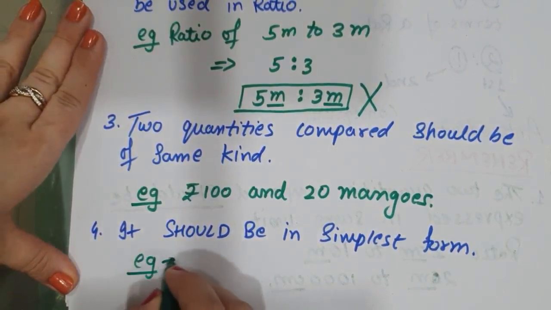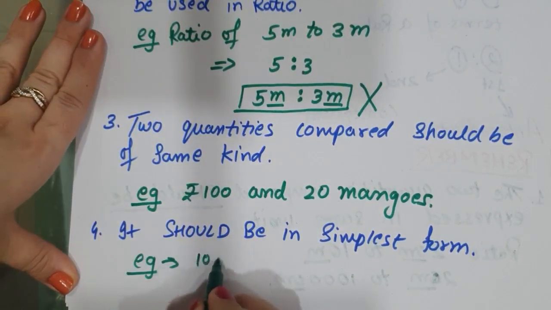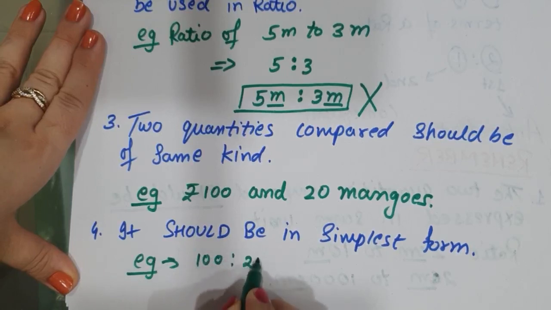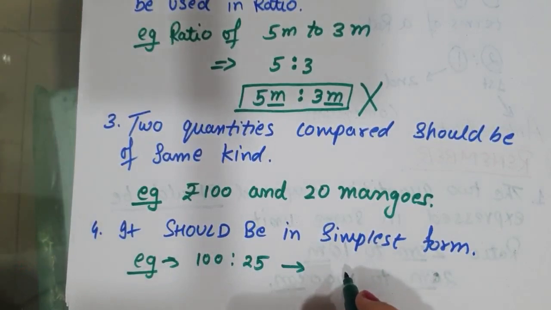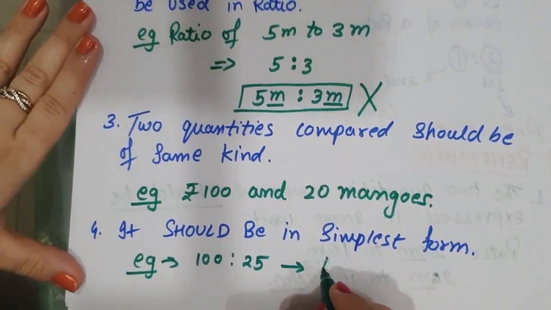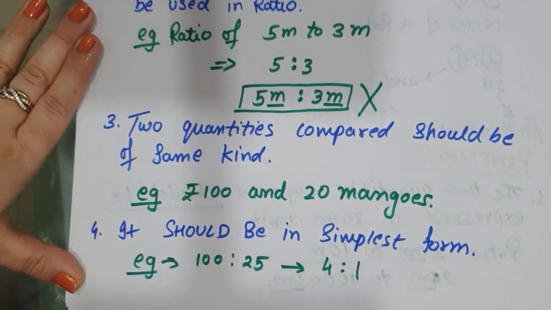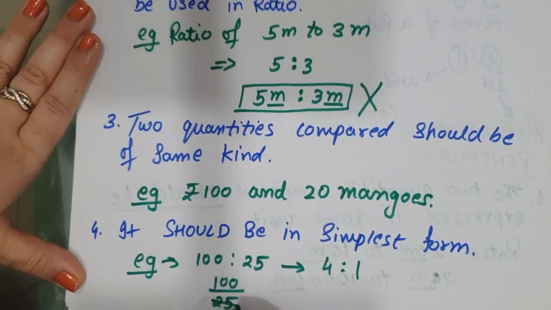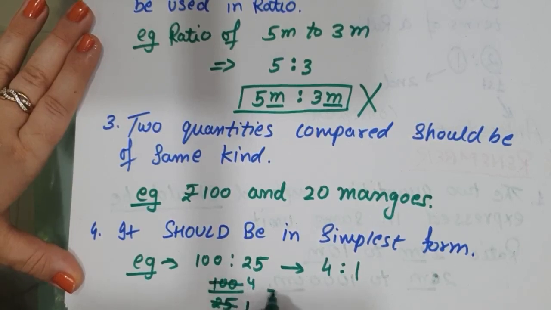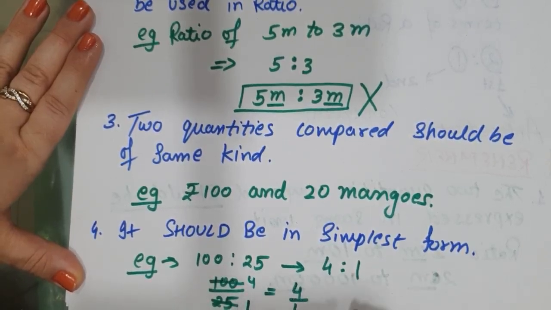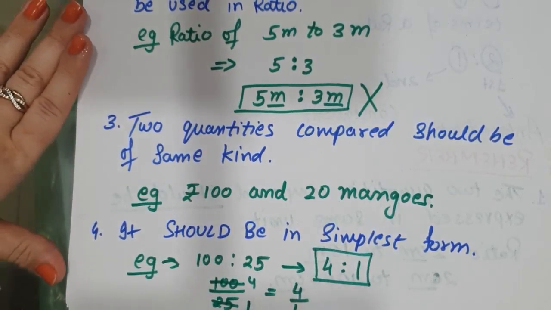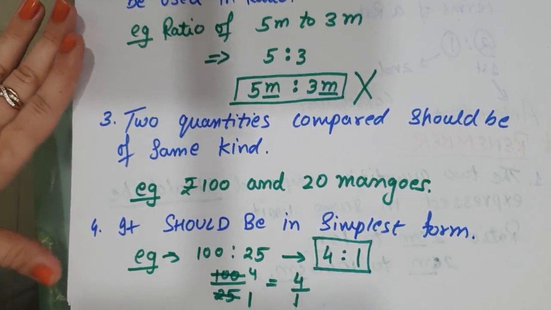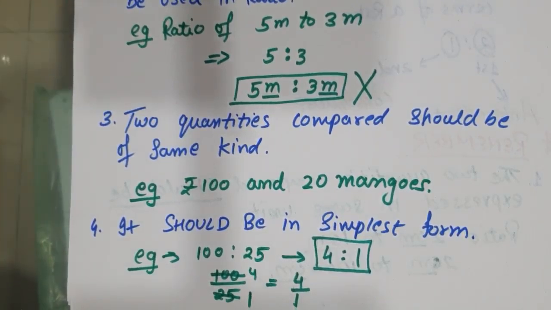For example, 100:25 should be written as 4:1, as 100 upon 25 can be cut: 25 ones are 25, 25 fours are 100, that is equal to 4 upon 1, which can be written as 4:1. So the ratio is always in the lowest form, in the simplest form.